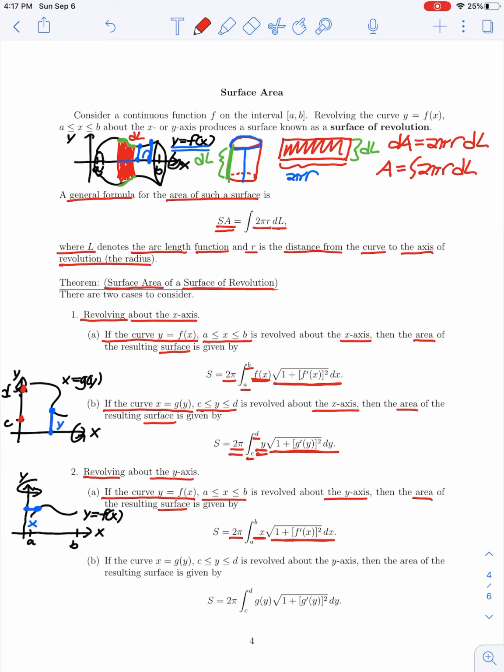And our final case is if we have the graph of a function of y on some interval from c to d, and this function is revolved about the y-axis, then the area of the resulting surface is given by the integral of 2 pi times the radius, which would be g of y here.